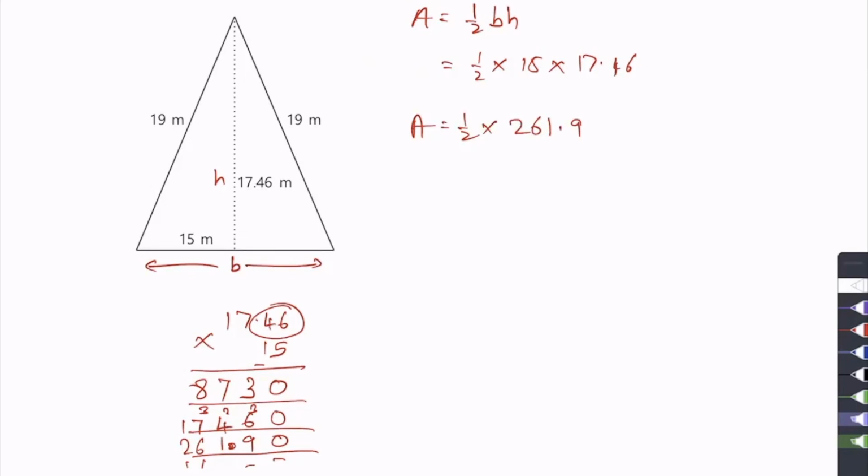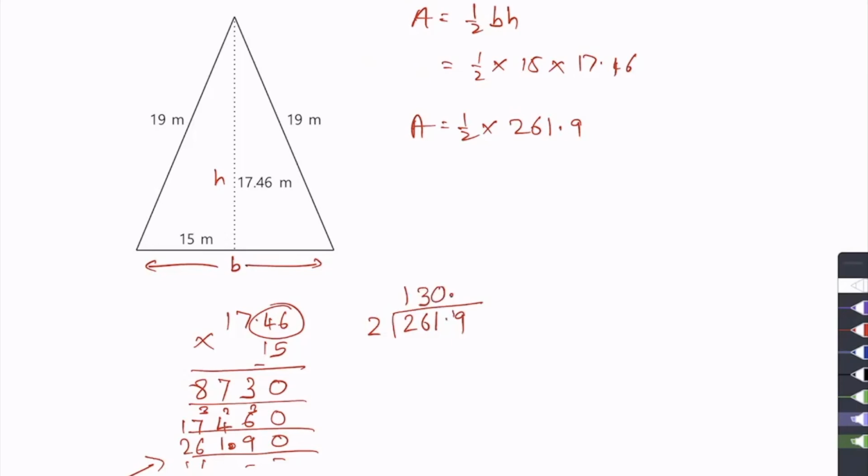261.9. So just be careful here that you don't write this number down as the area, because we still have to multiply it by a half, or we have to divide the number by 2. So let's divide 261.9 by 2. 2's into 2 go 1, 2's into 6 go 3. 2's into 1 go 0, so we put a decimal point there.